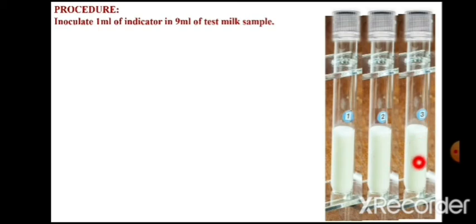In the third tube, which represents positive control, there is addition of 9 ml of raw milk sample. After that, aseptically, there is addition of 1 ml of methylene blue solution. So 1 ml is added here aseptically, and here. So in all these tubes 1 ml of methylene blue is added.